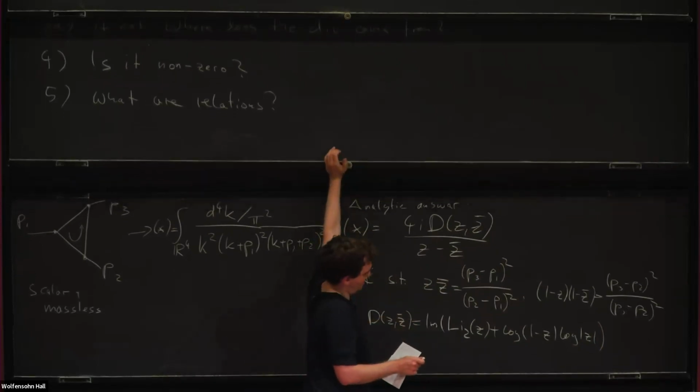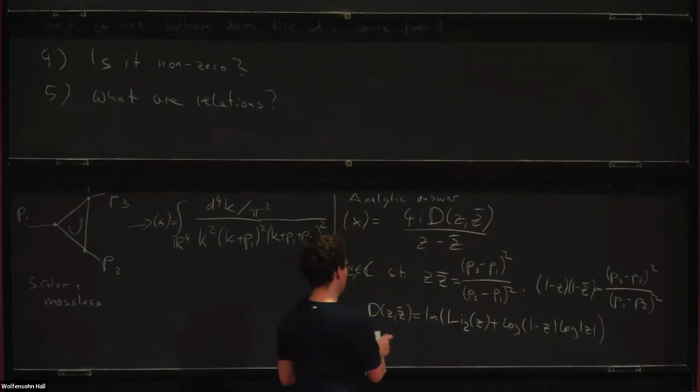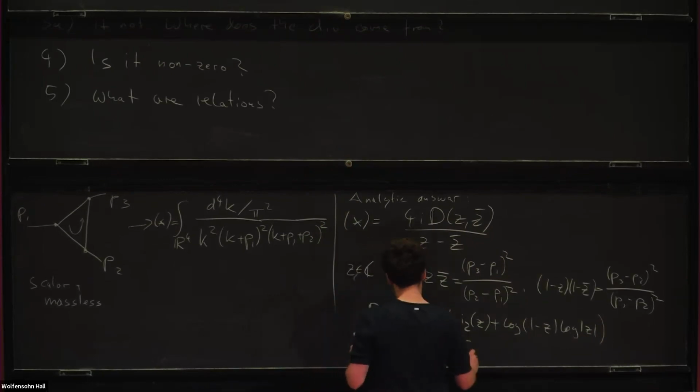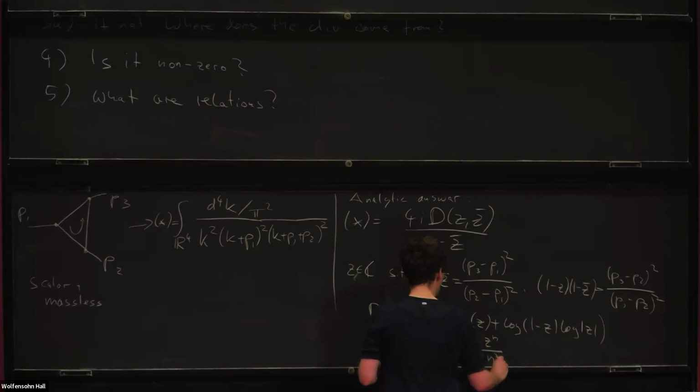And then this Li2 has also various formulas for it, but one of them is just as a power series. So it's the dilogarithm. We can write it as an infinite sum over n, and we sum z to the power of n over n squared.